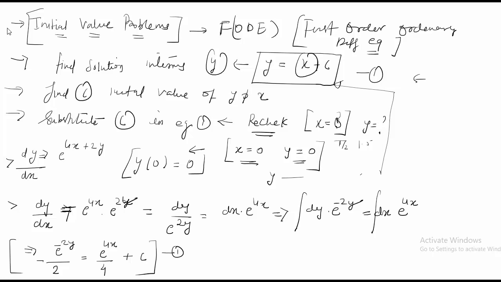Now the next step is putting in the initial value, x equal to 0 and y equal to 0. When I put x equal to 0, what I will get is minus 1 by 2 is equal to 1 by 4 plus c.